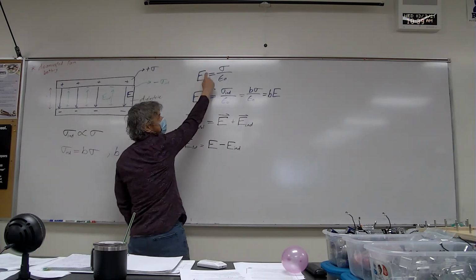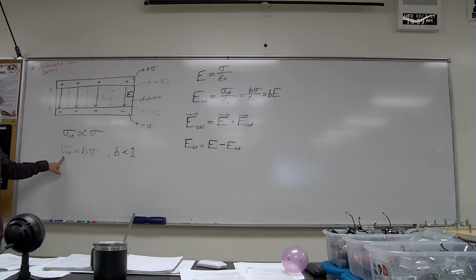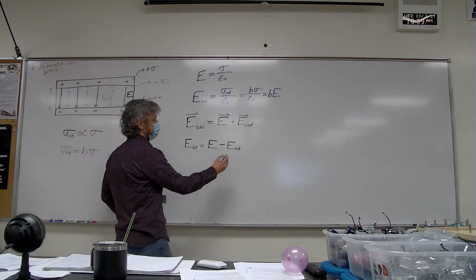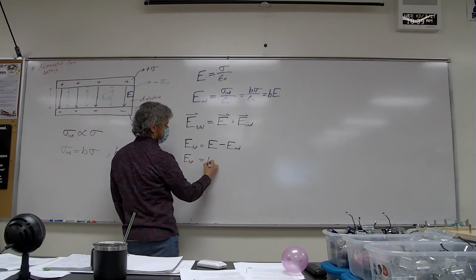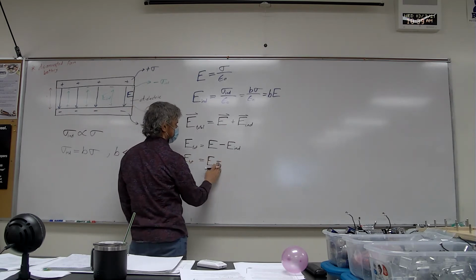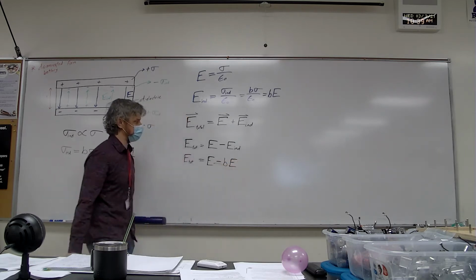If the electric field is directly proportional to charge density, and the induced charge density is directly proportional to the original charge density by this factor, then the electric field should be affected by that same factor. So I can rewrite this expression to get the total electric field as electric field minus this proportionality constant B times the electric field.